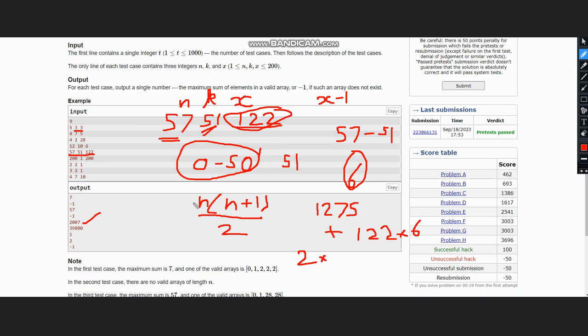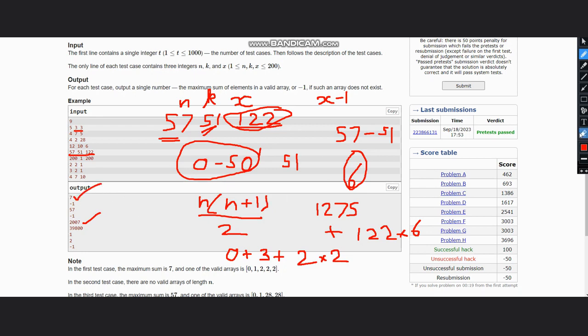We need to take 0, 1, 2. So first I take 0 plus 1 plus 2, which is 3. Now how many numbers are remaining? 2. 2 into 2 is 4, plus 3 gives output 7.